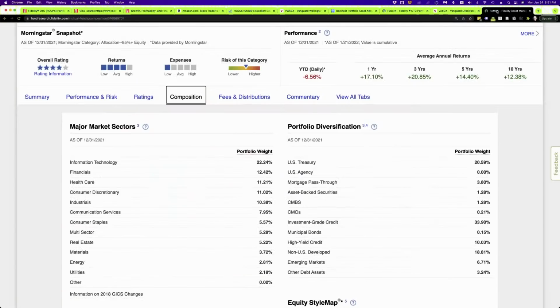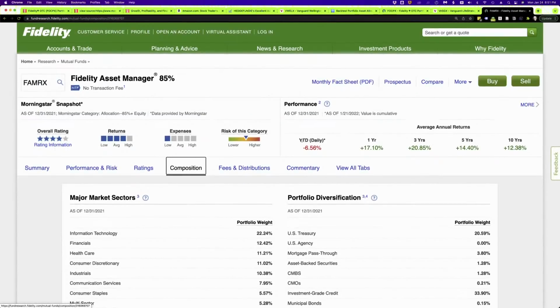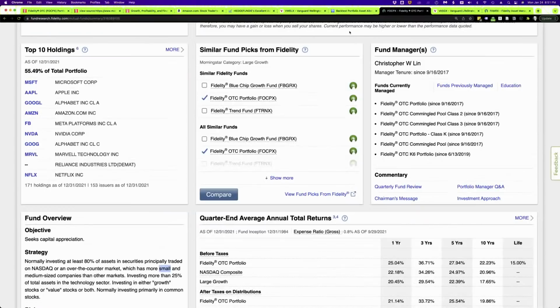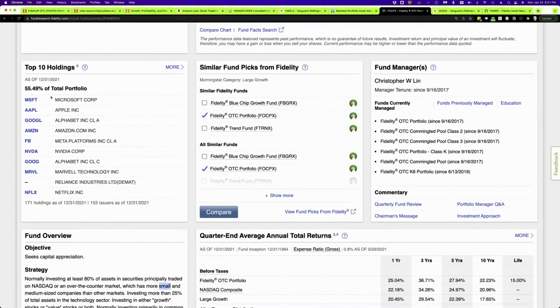LifeStrategy or Asset Manager. Just not in the percentages probably that you have, because when you break out one of these funds by itself and put some percentage of your portfolio in it, you're getting overexposure to, in this case, the NASDAQ or this fund, which I'm still not really sure what it is. The whole over-the-counter thing throws me, because when you look at its top, I mean, look at this, 55% of the portfolio are these 10 companies, not exactly small cap.